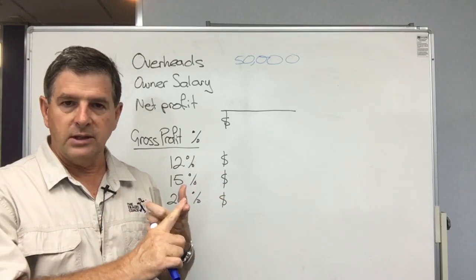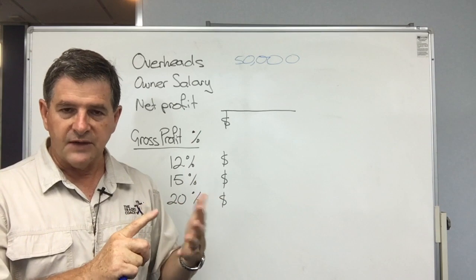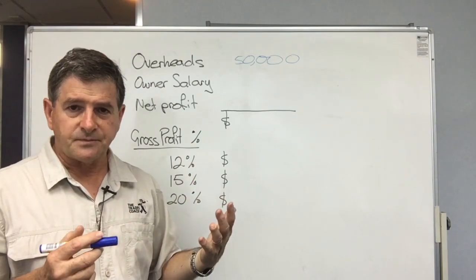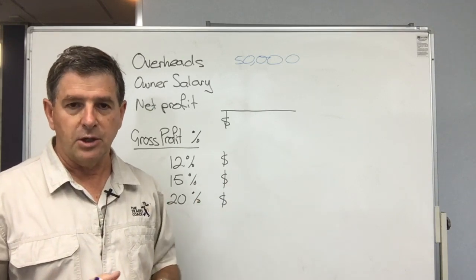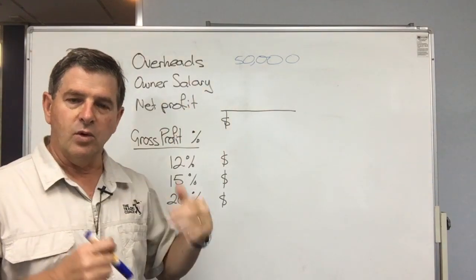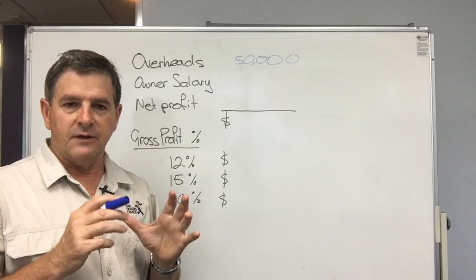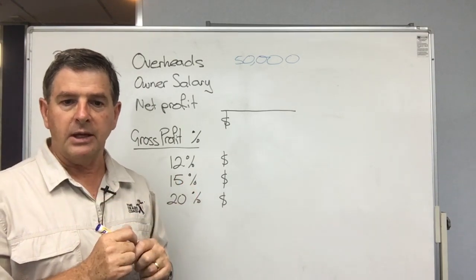Plus, you're pricing work at night, chasing the dollars, doing all this sort of stuff after hours, managing things, finding staff, and a million and one other things you've got to do to run a business. You should be allowing in your costing processes something for an owner's salary, a manager's salary.